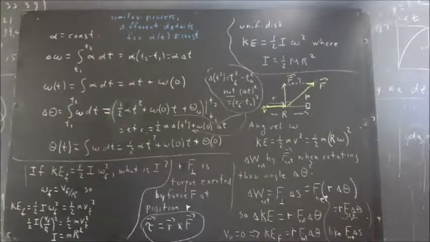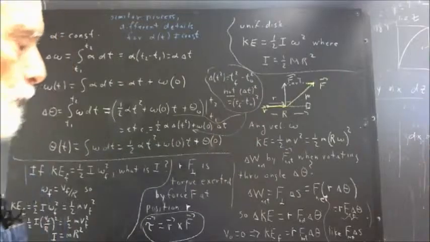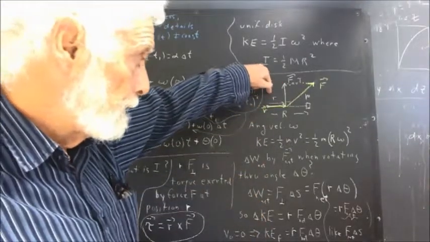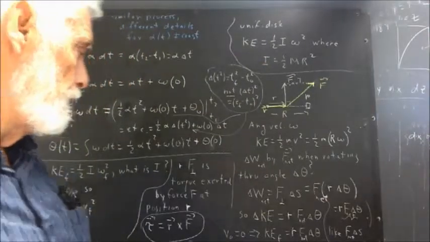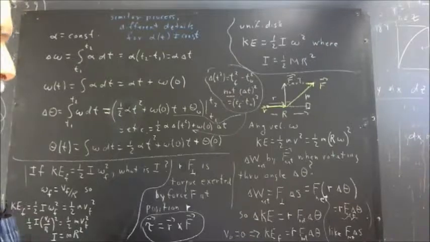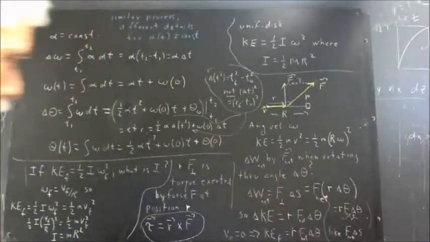Okay, so from this example, we see how the kinetic energy changes due to a force at a position, and we see that if we define torque as R cross F, then the final kinetic energy is going to be torque times delta theta.